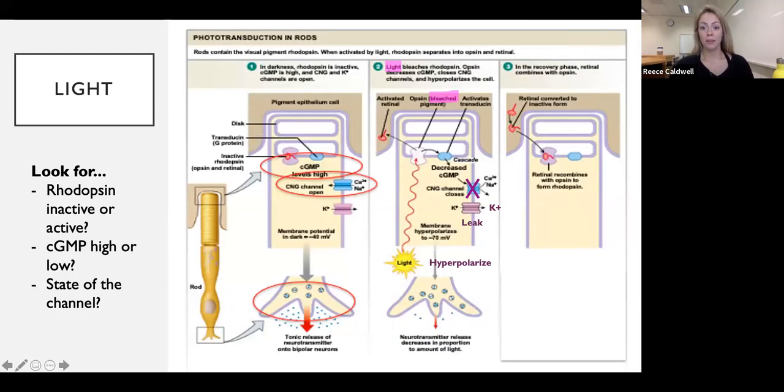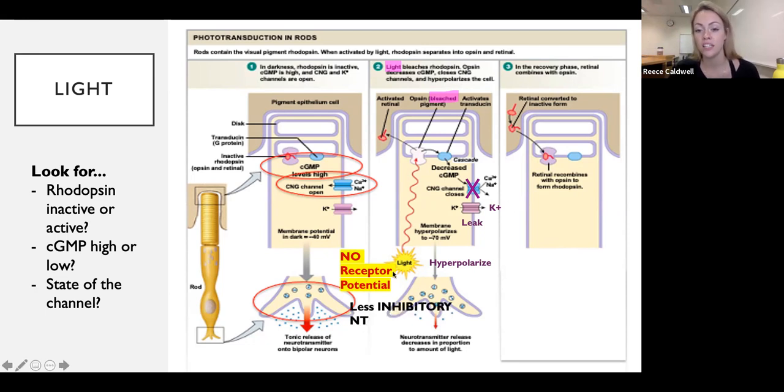So when the cell hyperpolarizes, it doesn't ever reach threshold, and therefore we have no receptor potential. The cell never reaches threshold. It has to become more positive and not more negative to reach threshold. So the cell continually becomes more negative. Therefore, we never hit threshold and we never have that receptor potential.